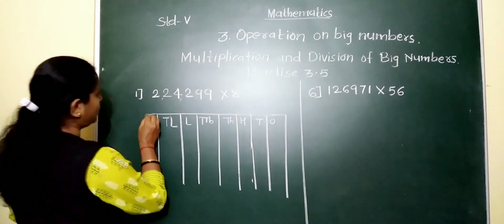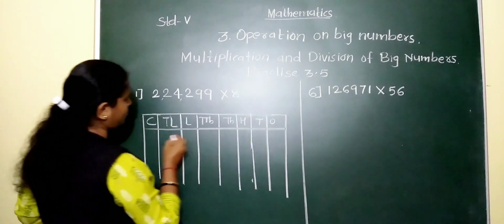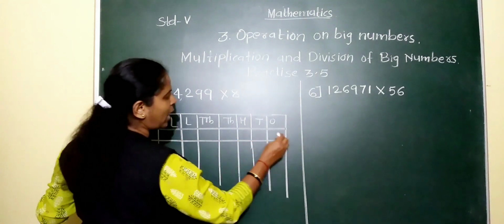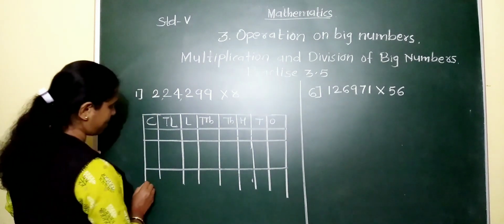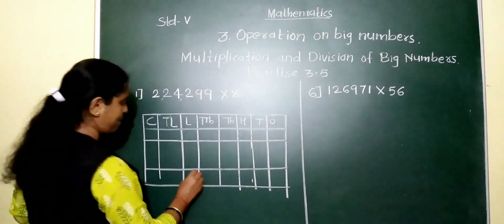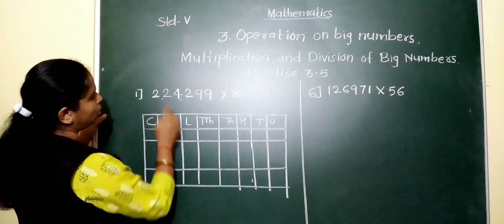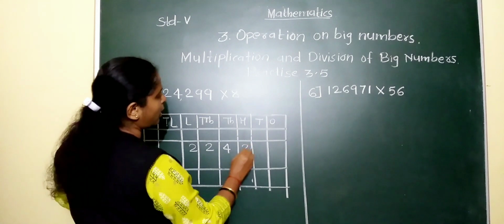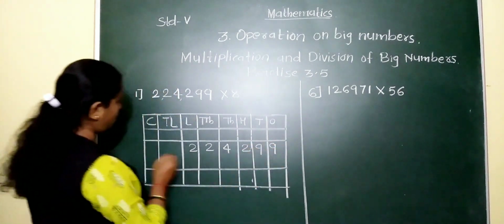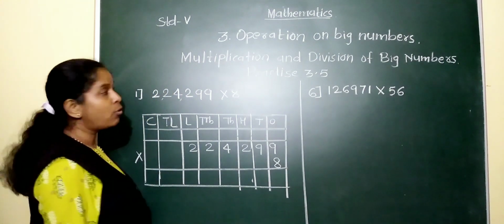This also we will draw one extra. Okay. This is to carry the numbers. Now we'll put the values. This is 2,24,299 multiplied by 8. Okay.